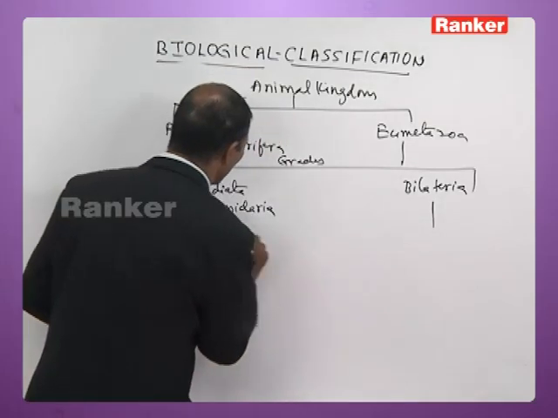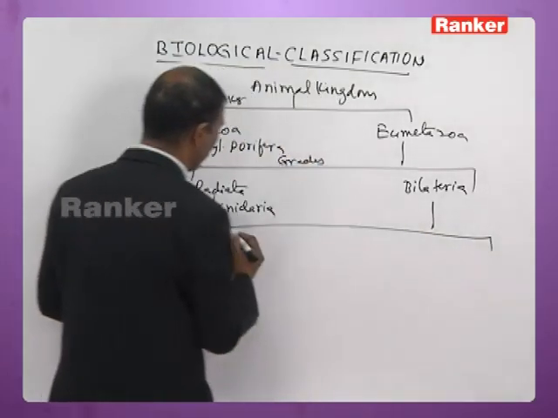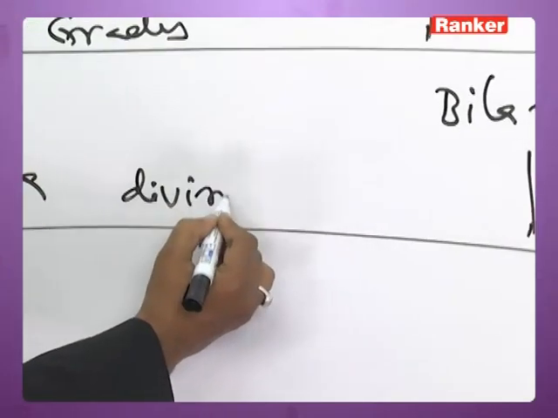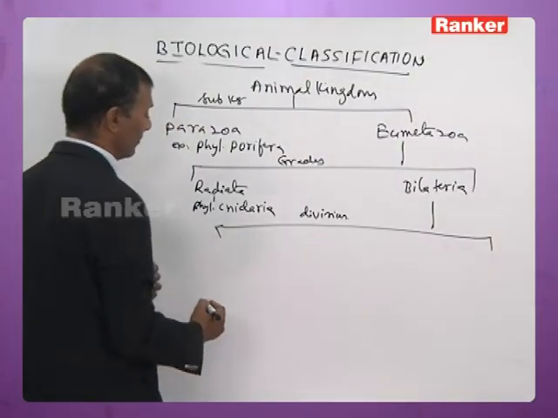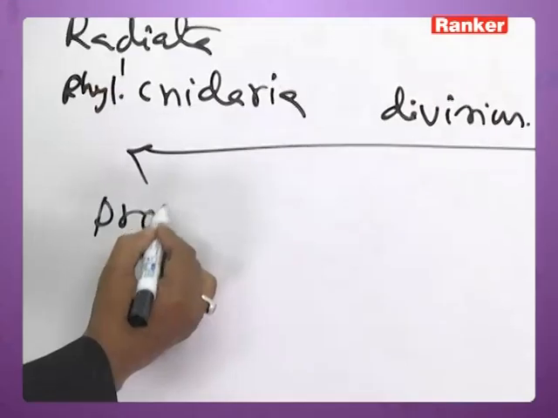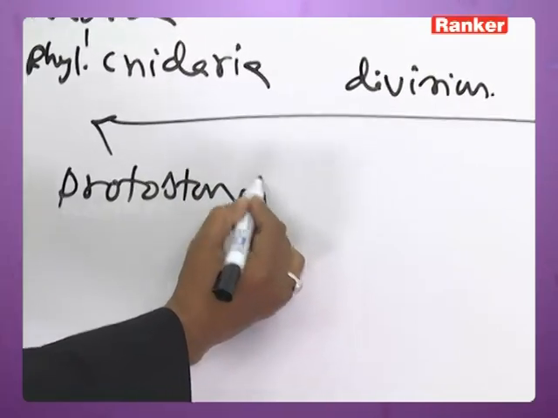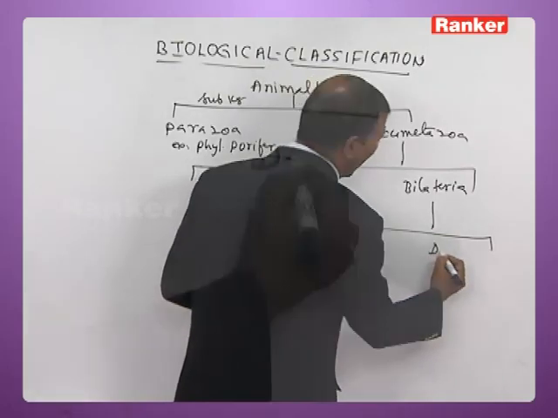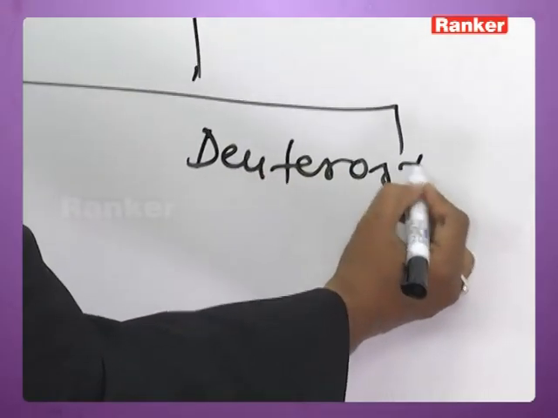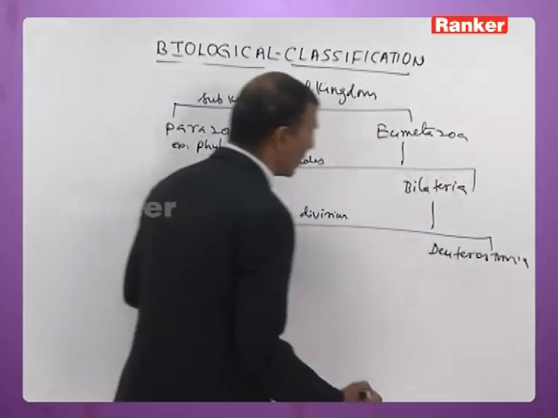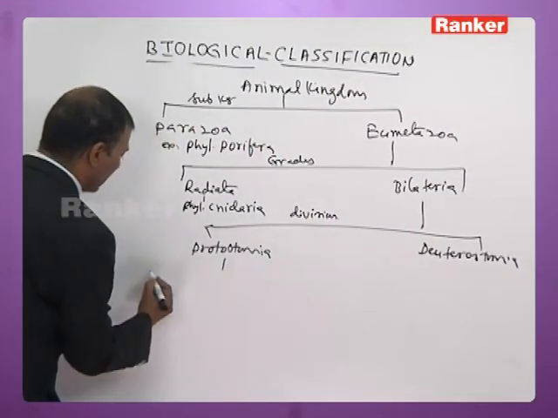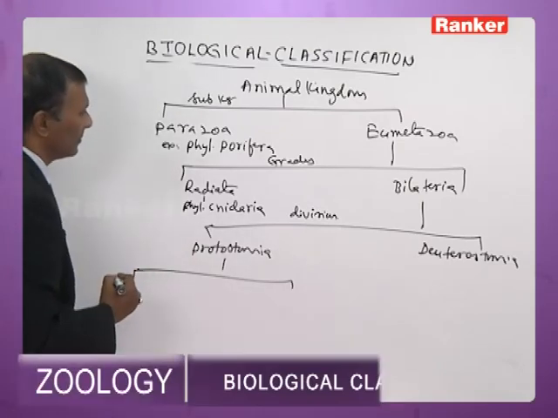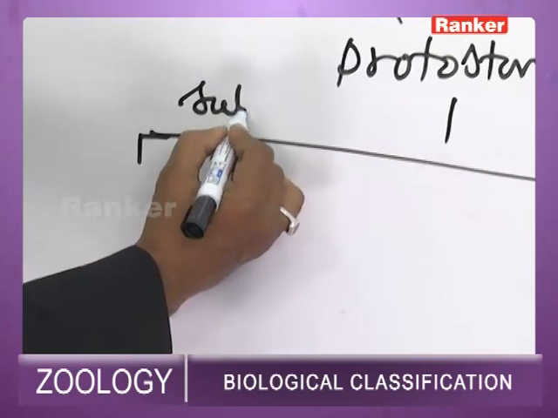Bilateria is again divided into divisions: Protostomia and Deuterostomia. Now under Protostomia there are subdivisions.